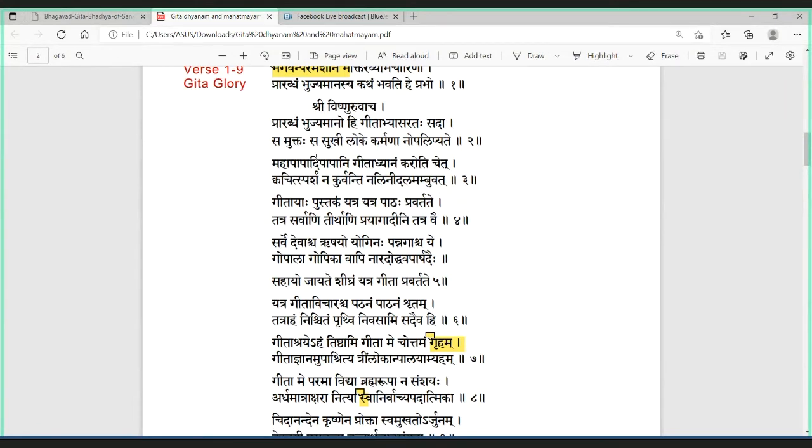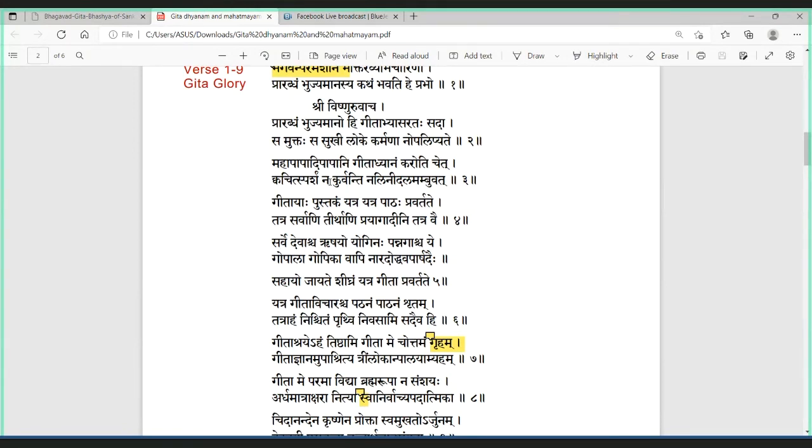Then, mahapapadi papani gitadhyanam karoti chet kvachit sparsham na kurvanti nalini dalam ambuvat. So like a lotus in a pond, kvachit sparshaha na kurvanti, even this much it will not affect. What? Mahapapani.